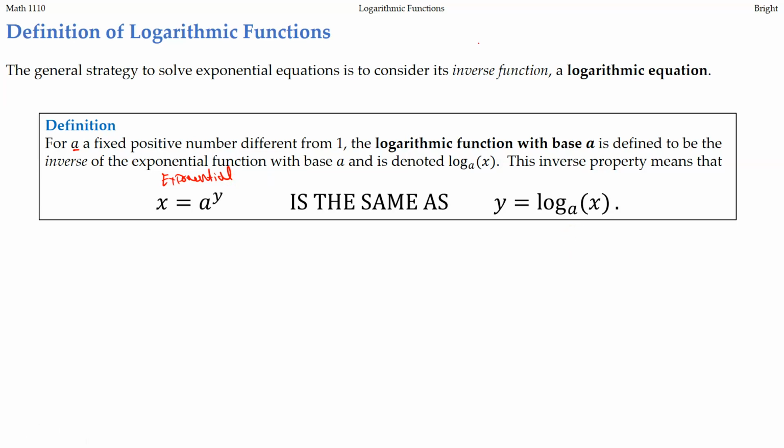Notice here that we have a as the base of the exponent, and really what we're doing is we're trying to express that value of y in a different form. This is saying that y is a logarithm, and really all a logarithm is, is the exponent that we need.